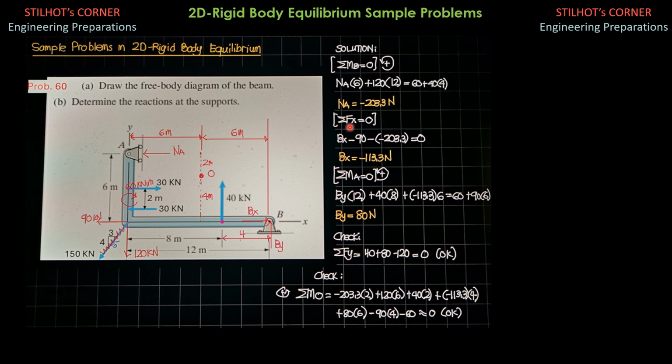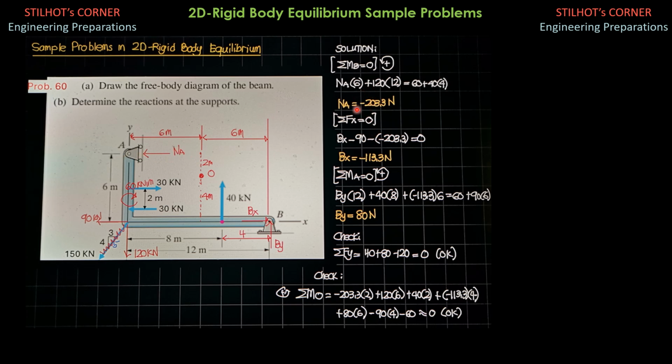So I just use summation of forces along X equals 0 and use summation of moment later as another way of checking these answers. So summation of forces along X equals 0, BX rightward, then minus 90, couples are not involved, then minus NA. So take note that we have leftward NA, so minus NA.